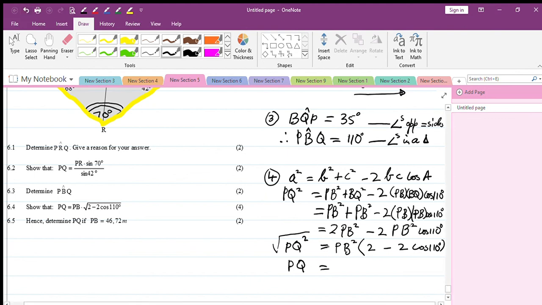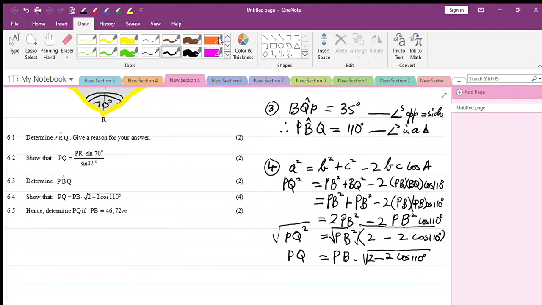We put a square root on PB squared, and we put a square root on 2 minus 2 cos 110. Square root of PB squared is PB multiplied by the square root of 2 minus 2 cos 110 degrees, and we have proved what we are asked to prove.